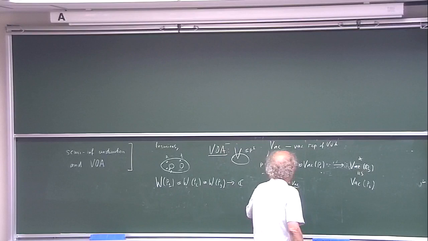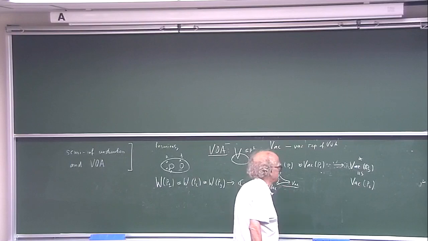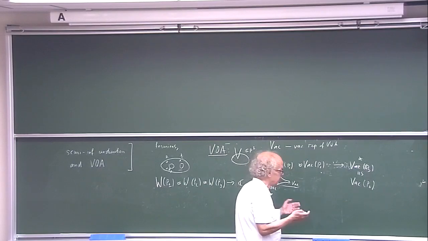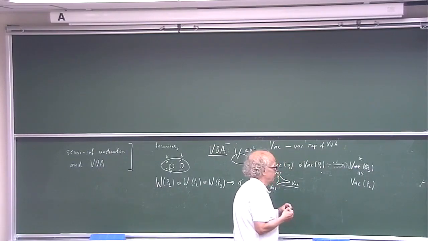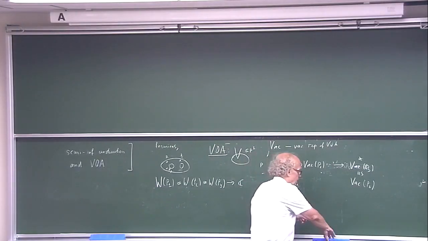Then we interpret such a story as a product, from this to this to this, and it has to be associative in some natural way. If yes, then we have a vertex operator algebra structure.